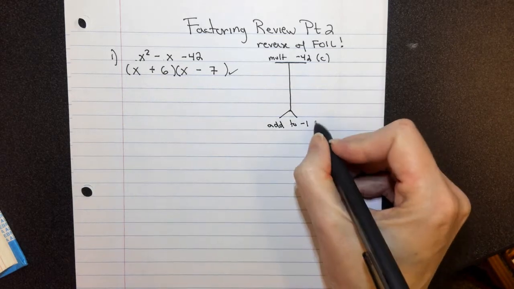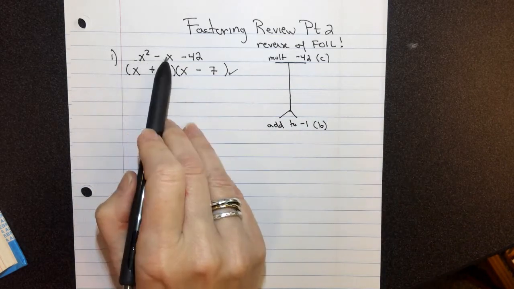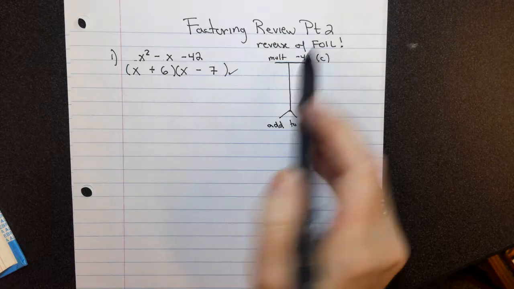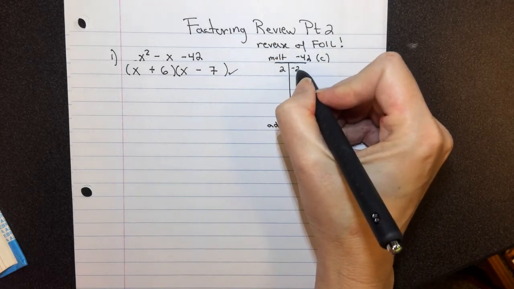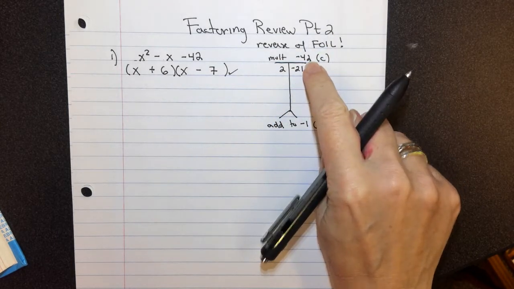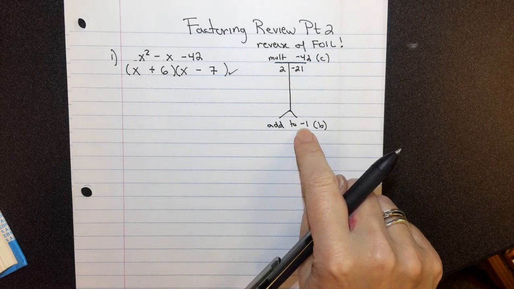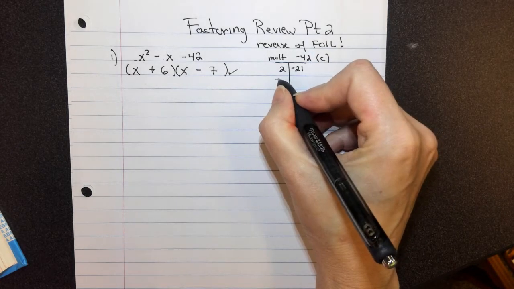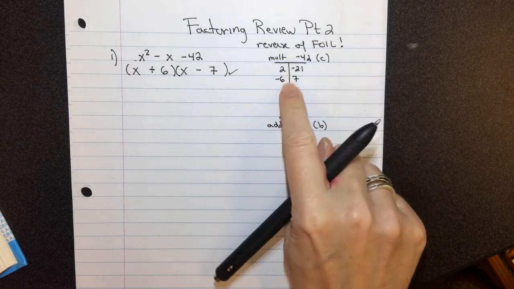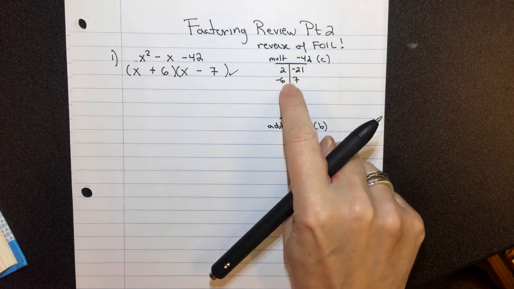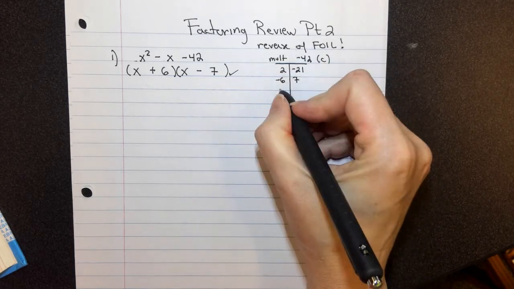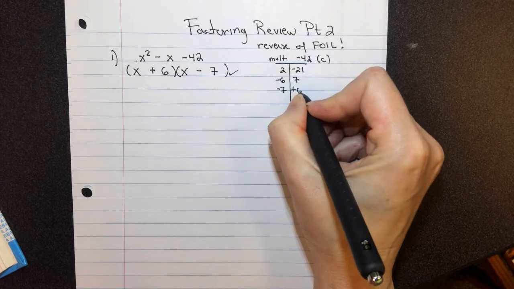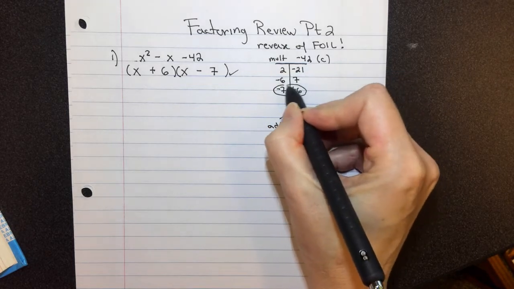And this is going to be my b value, a, b. So I could say 2 times negative 21. That makes that, but it doesn't add to negative 1. I could say negative 6 and 7. That multiplies here, but it adds to a positive 1. Negative 7 plus 6 meets my requirements.